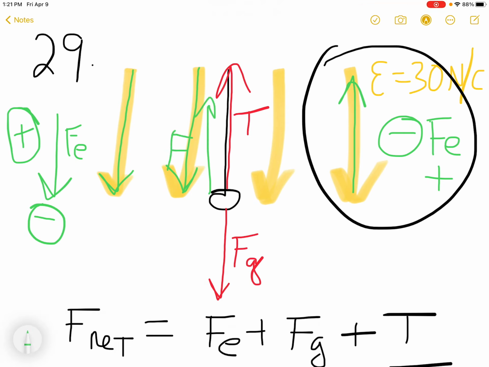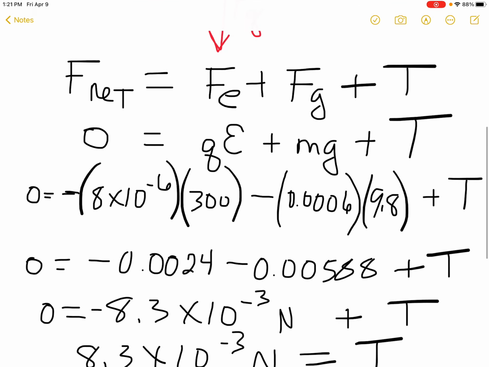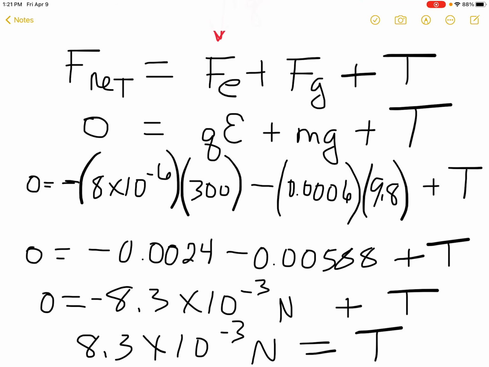There's my Fe. Up. So all that does is change the sign for the number, for QE. So all I have to do now is change this right here to a positive, which changes that to a positive.